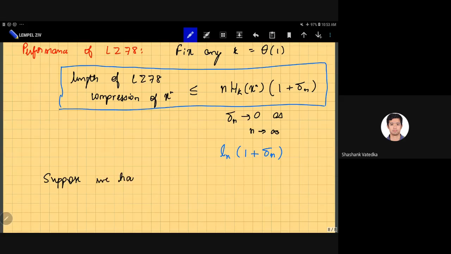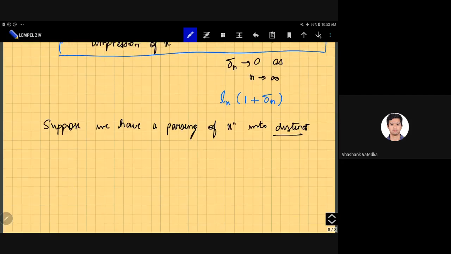Suppose we have a parsing of x^n into distinct phrases. So no two phrases are identical. Right? And this property is indeed true for LZ78. You should verify this later on.